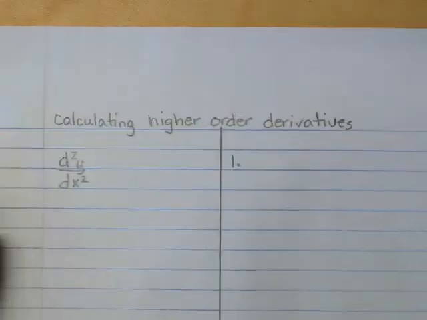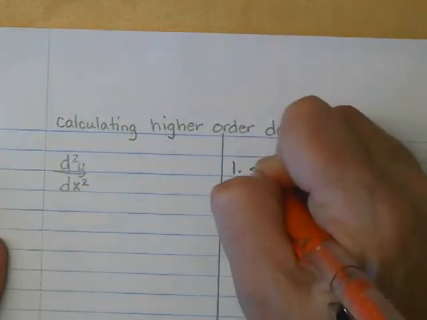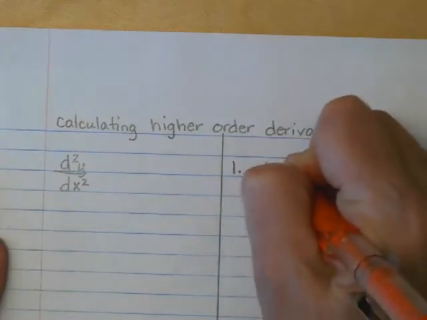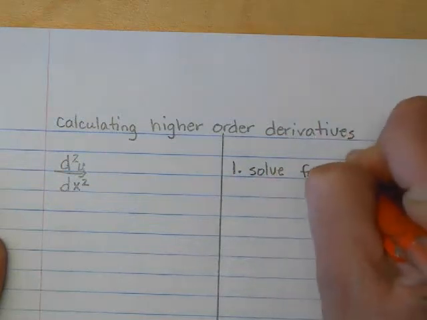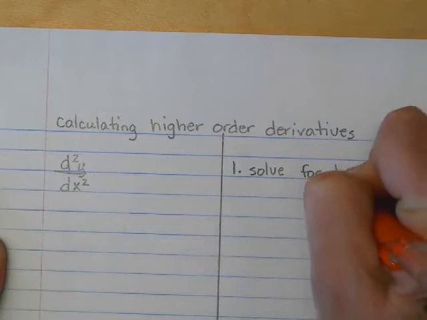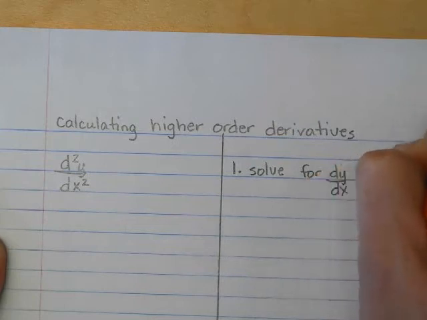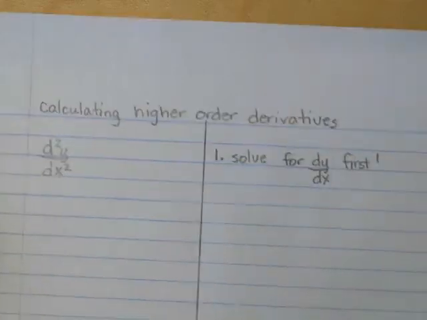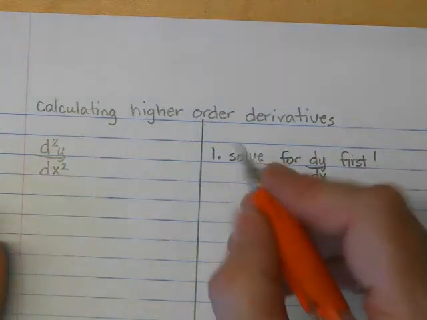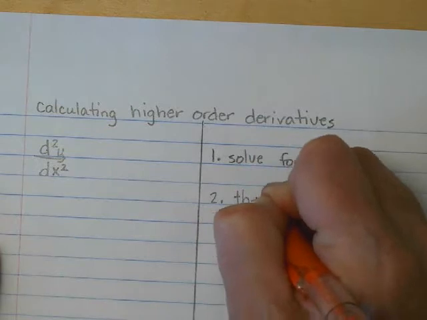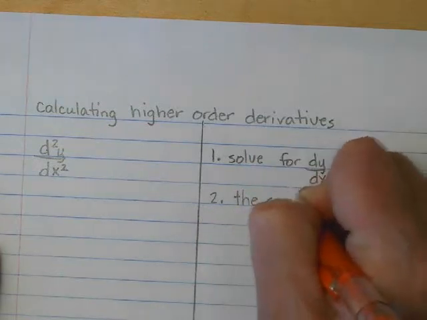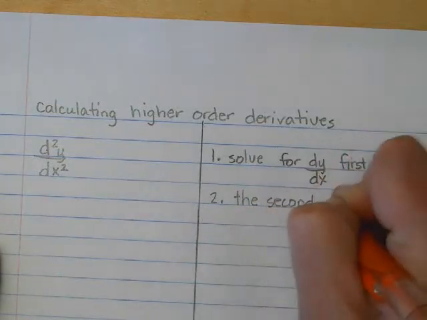Okay, there's some rules that you want to follow. First thing you're going to do is solve for dy dx first. Okay, got to do that. Now what always ends up happening is that the second derivative will always have a dy dx in it.